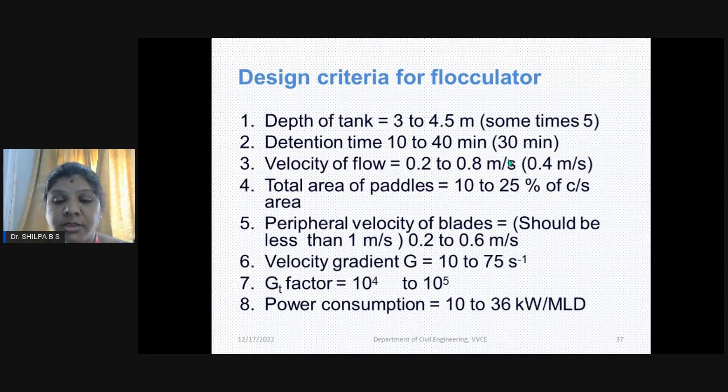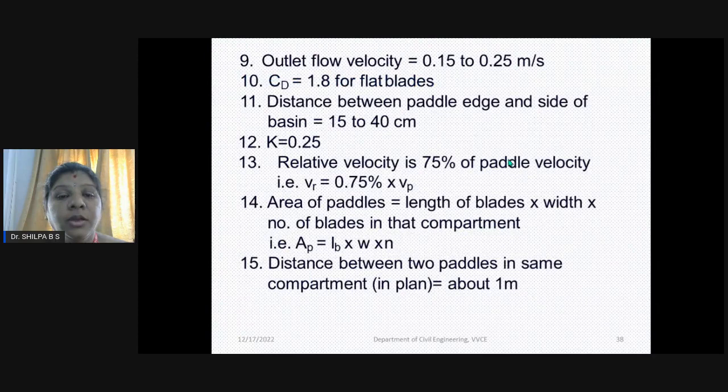Velocity gradient is 10 to 75 per second, and the GT factor for this flocculator will vary from 10 to the power 4 to 10 to the power 5, and the power consumption will vary between 10 to 36 kilowatt per MLD of water treated.